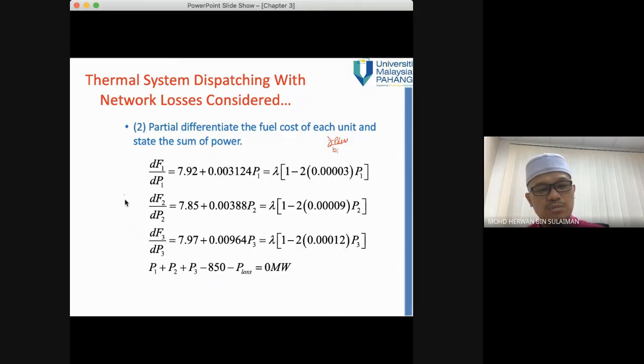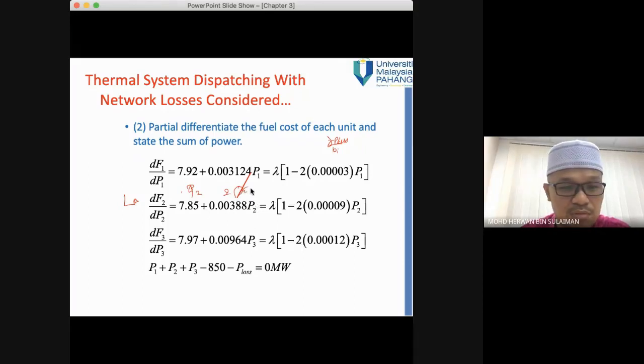Similarly, for unit number 2, you have 7.85 plus 0.00388 P2. This one is beta 2, and this one is 2 gamma 2. This one is beta 1 plus 2 gamma 1, and this one is beta 3, 2 gamma 3, P3.